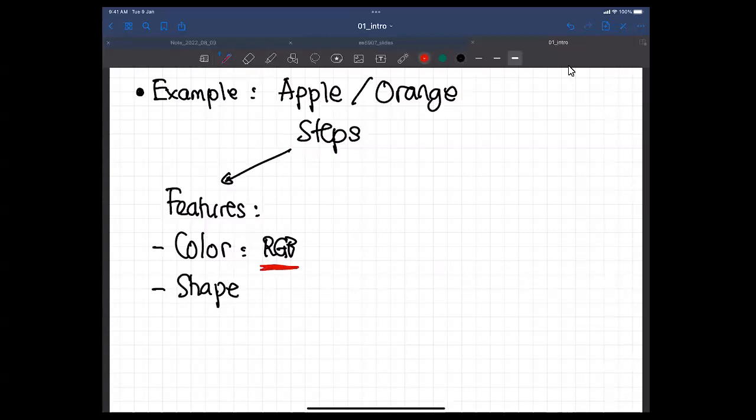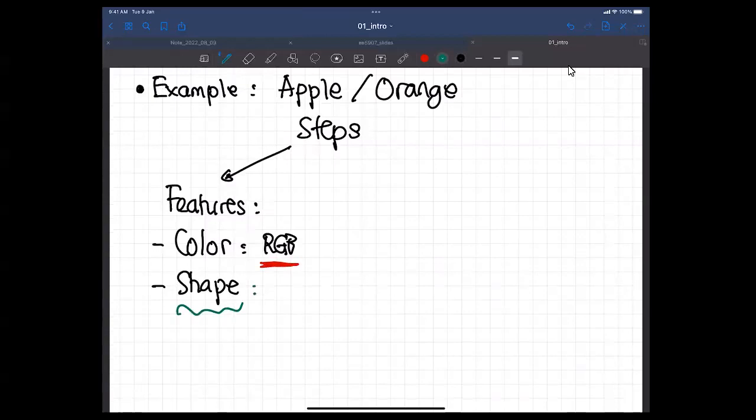But when we talk about shape, how can we convert it into numbers? Yeah, we can get the center of the object and then find the area and whatever place that we can define the shape. That's something that you need to do.